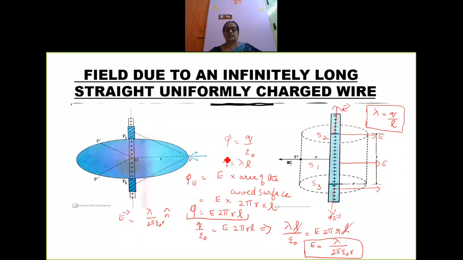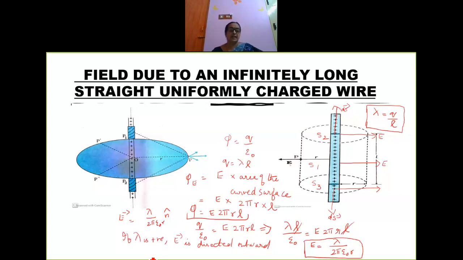Suppose I take a point here, and this is going to be a test charge, here also it is positive, so it will be radially outward if the charge is positive. So E is directed outward if lambda is positive. That is the direction of the E vector.